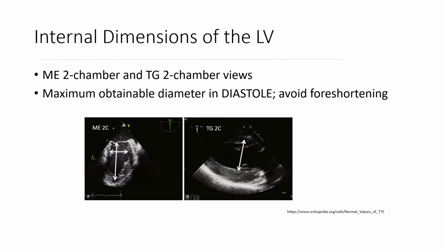Next to it, the internal dimensions of the LV, and these measure whether a chamber is dilated or not. It is generally obtained in the mid-esophageal or transgastric 2-chamber views, and you're after the maximum obtainable diameters in diastole while ensuring that there is no foreshortening.